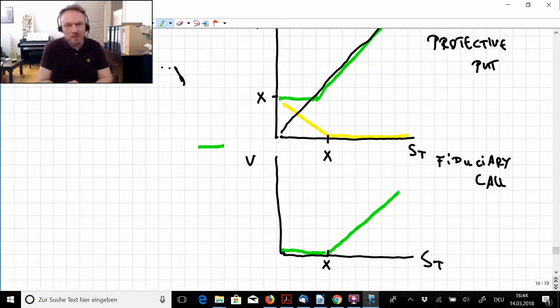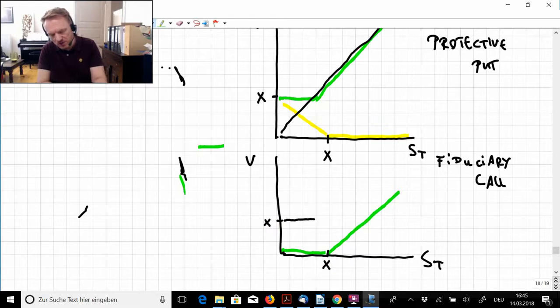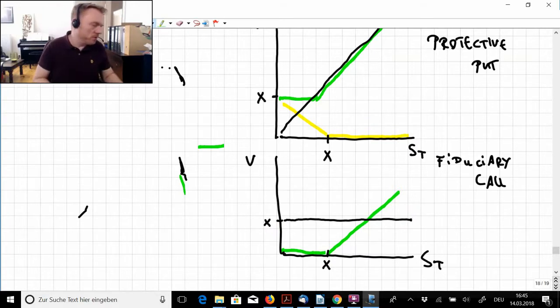Buying the bond in period T gives us the value of X. But now we have to understand the value right now, which is something different. If we draw the line of this coupon, and this denotes X, then it is this way. So this is the risk-free bond.